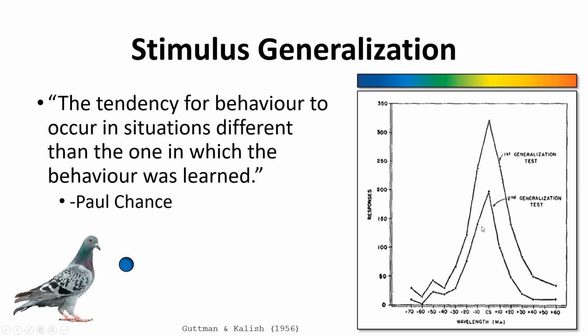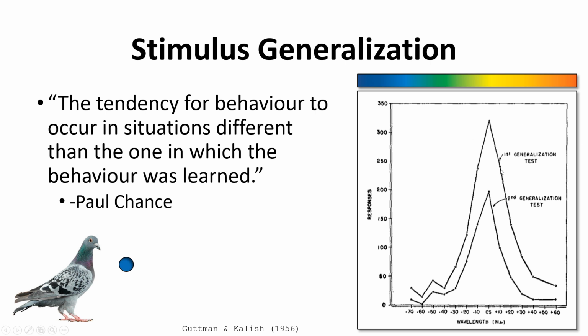But what we tend to see are stimulus generalization gradients, where we see the highest responding on their discriminative stimulus, because that's what they learned gets them food, but we also see pretty high rates of responding on either side of that original stimulus.